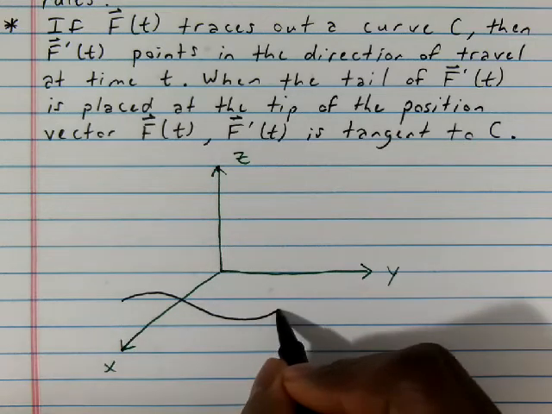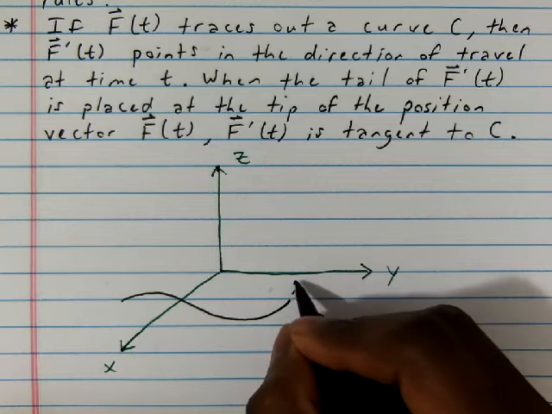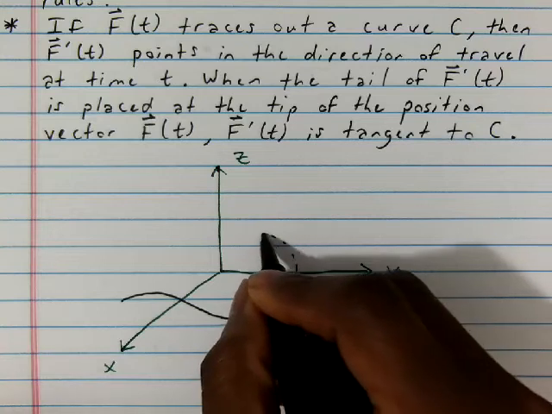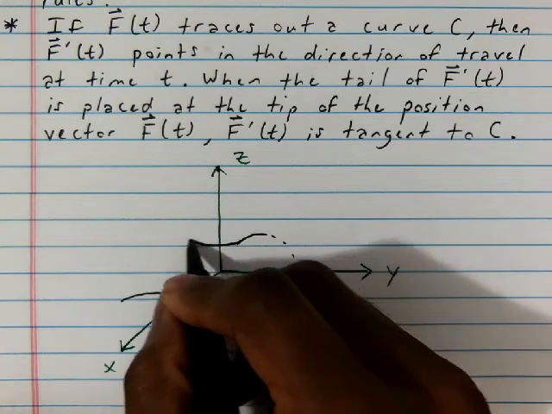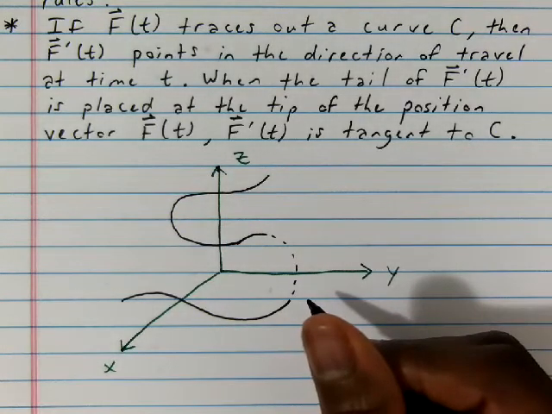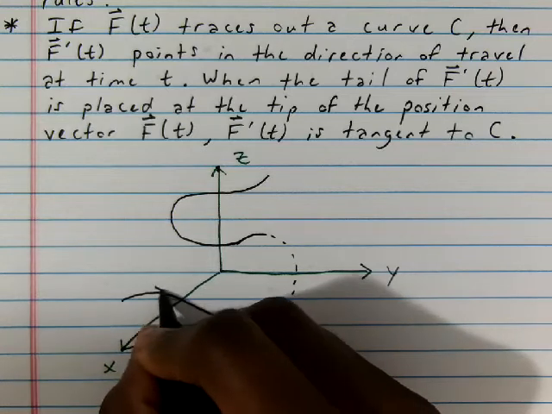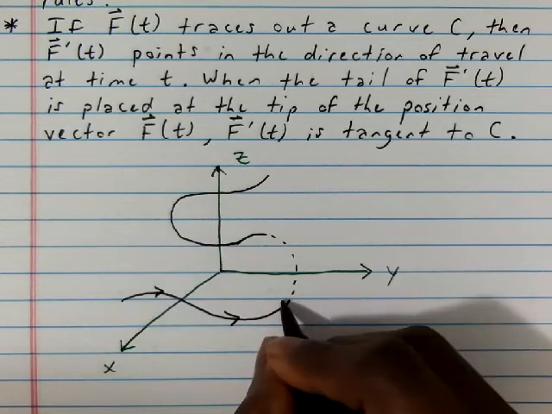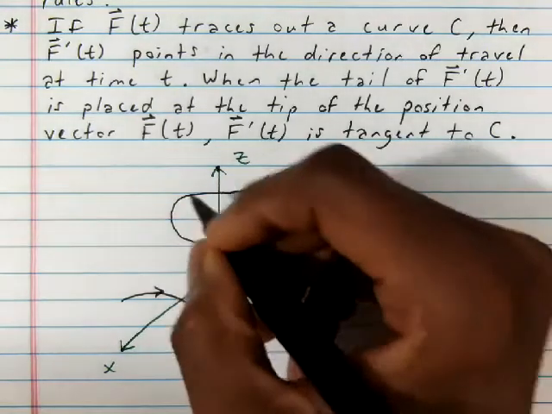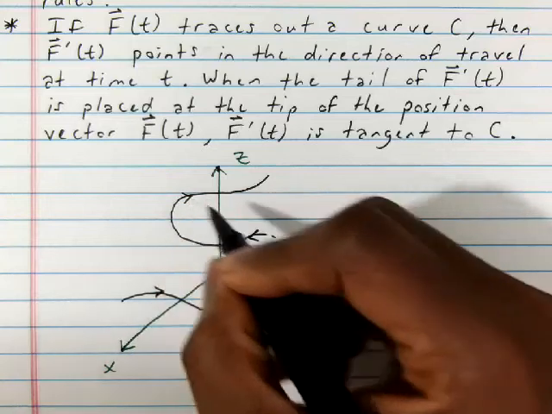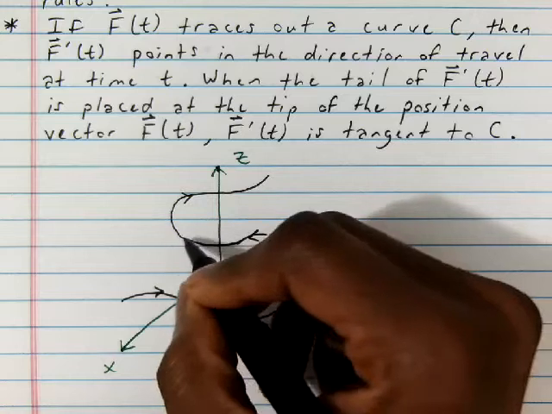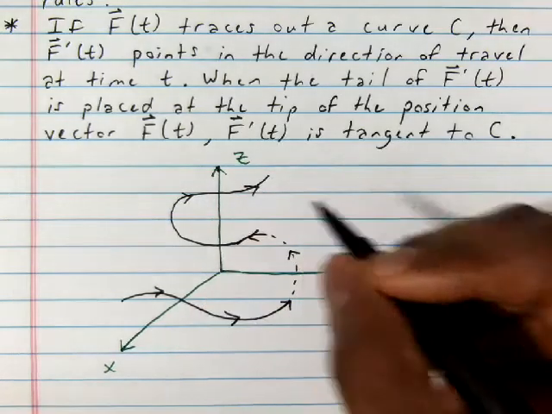So let's say this is my curve, and I'm going to come behind the y-axis, come back up, and let's say it does this, whatever. So there's our curve. Now, we have to have a direction of travel on here, so let's put some arrows. I'm going to leave this area blank because I'm not putting any arrows right here because I'm going to sketch some other things there, and I don't want the arrows to get in my way.